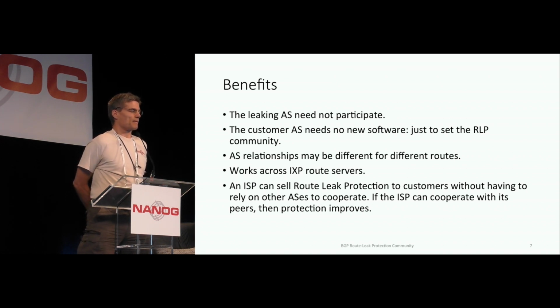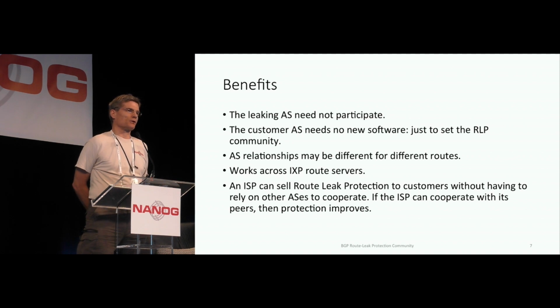Now, a Tier 1 transit or any transit can sell this route leak protection to its customer. The customer puts in a community, that was a part I missed. There's a way to do this with a regular community. The regular community is smaller, so you can't put all the information in.